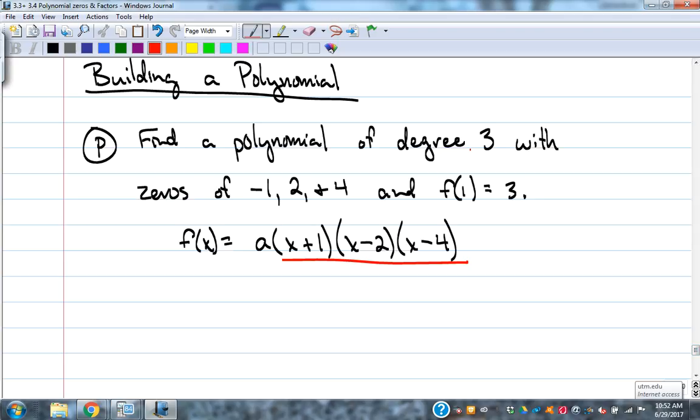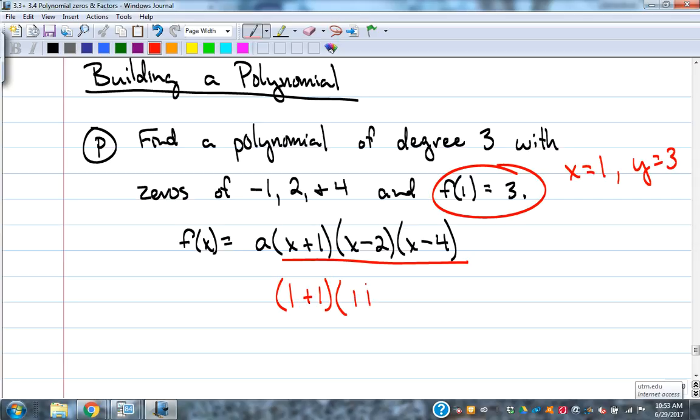So to find a, what this right here tells us is that when x equals 1, y is equal to 3. That's what that tells us, okay? So what we can do is take that problem and plug in a 1 for x and a 3 for y, and we should get the value of a in that problem, because everywhere there's an x, I'm going to put a 1. 1 minus 2 and 1 minus 4.